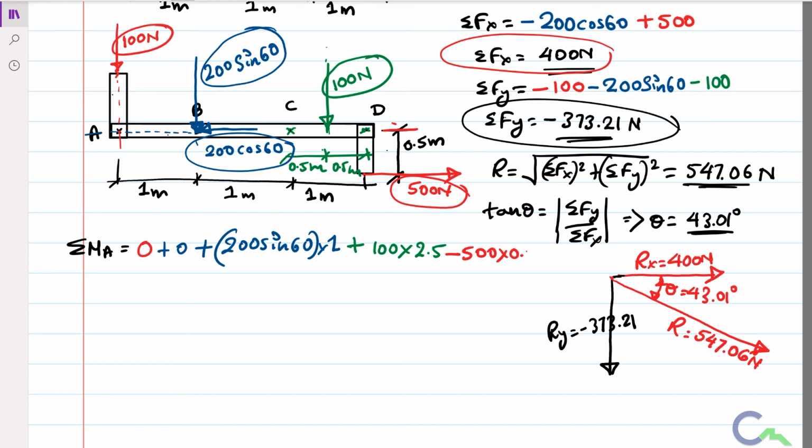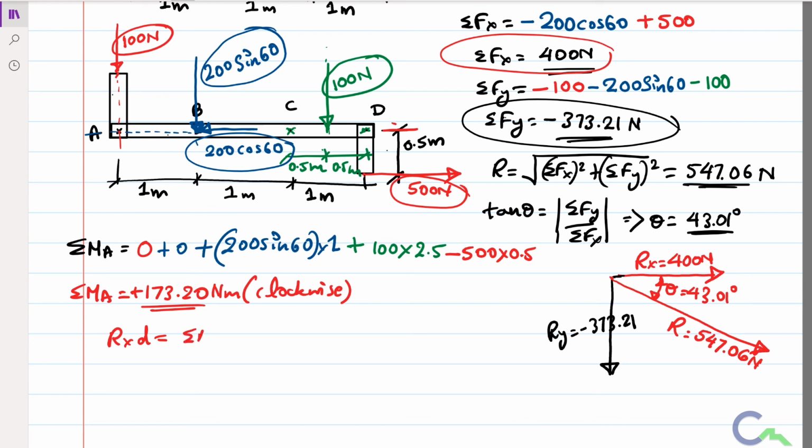So if I do the calculation, I will get sigma MA is equal to 173.20, I got positive answer, that is Newton meter clockwise.